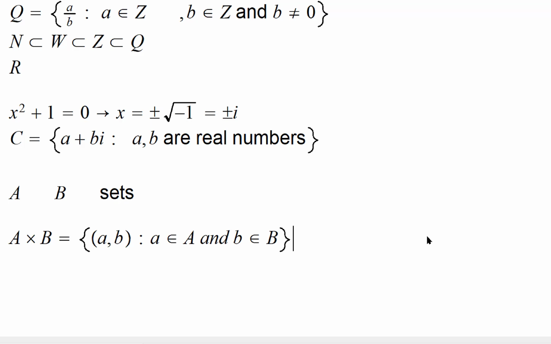In this form you can take any two sets and form their Cartesian product. This is called the Cartesian product.